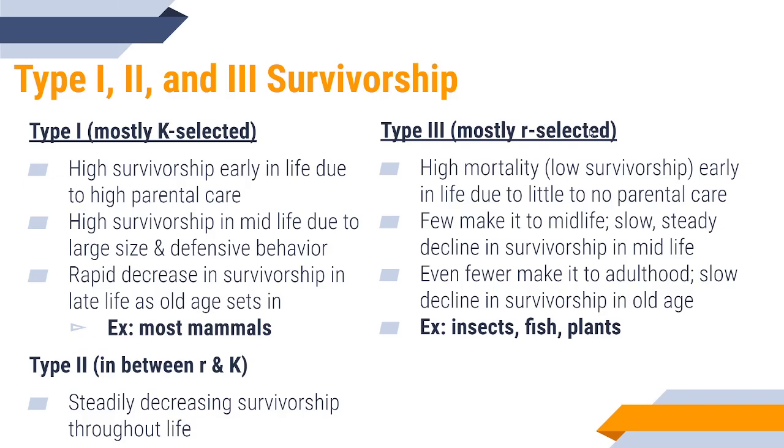The type 1 and type 3 falling into K and R selected is all explained right there, basically going right in line with everything we said from our R and K selected species stuff.